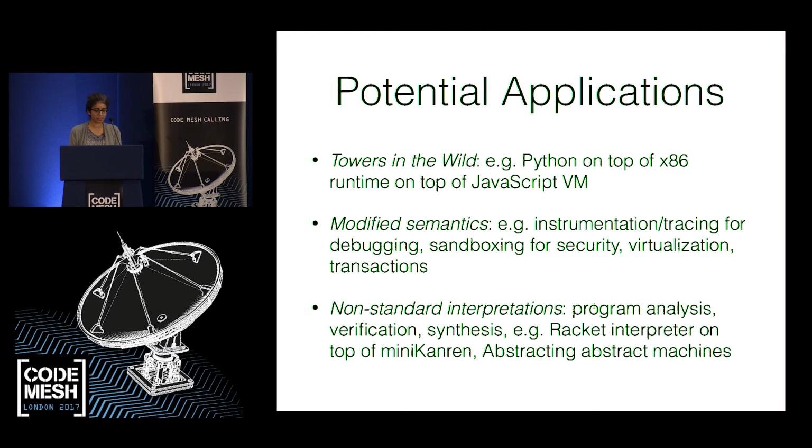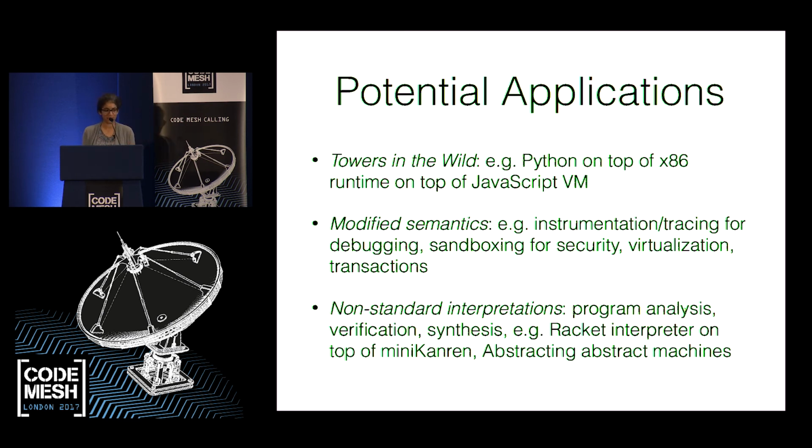And finally, non-standard interpretation. One example I'm particularly interested in is, here I've only shown towers in this functional imperative paradigm. What about more radical paradigms? For example, we know that we can have a Racket interpreter on top of miniKanren, this relational programming language, and this allows you to turn a functional program into a relational program.